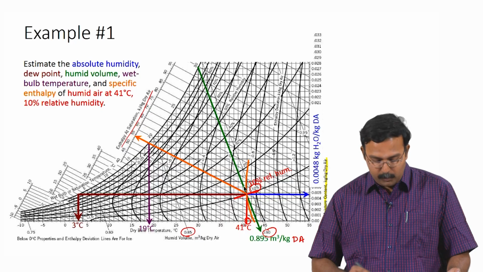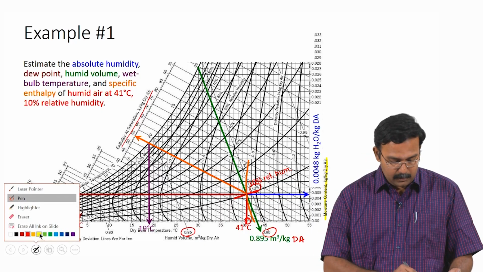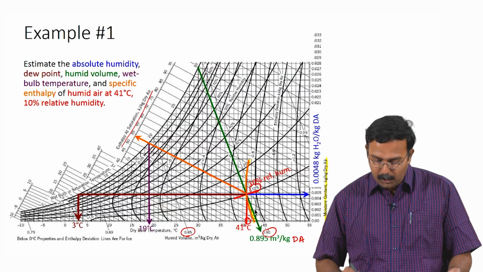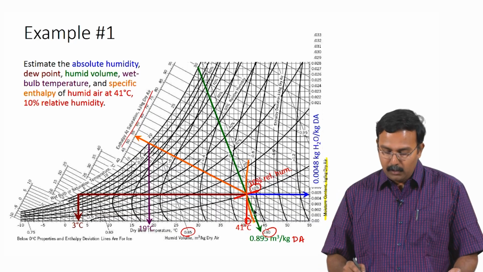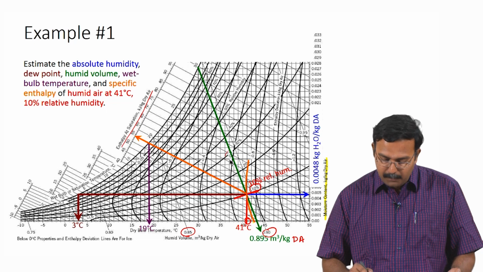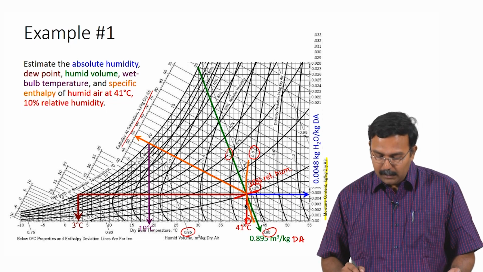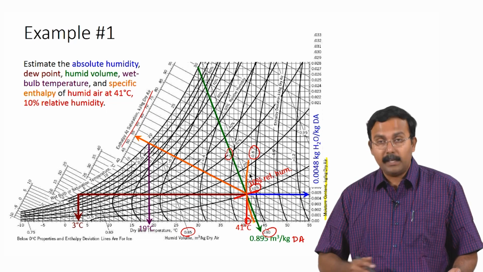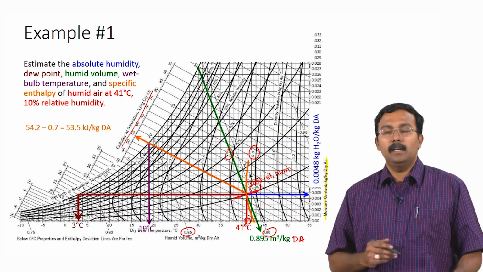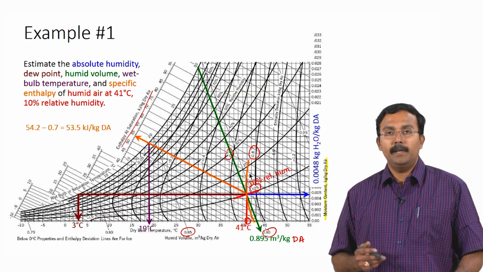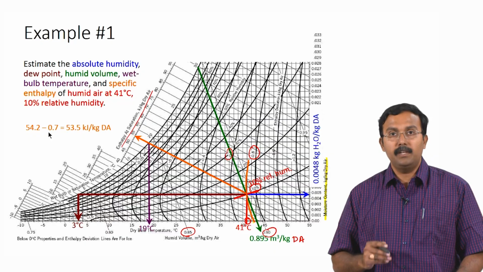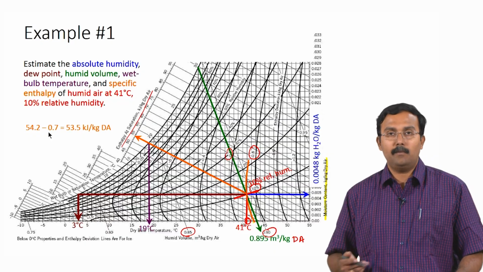You see the curve in orange that has been drawn. That curve accounts for the enthalpy deviation. This falls between minus 0.6 and minus 0.8, so the value would be roughly minus 0.7 something. Using this we can calculate the actual specific enthalpy for humid air as 54.2 minus 0.7, giving us 54.5 kilojoules per kilogram of dry air.